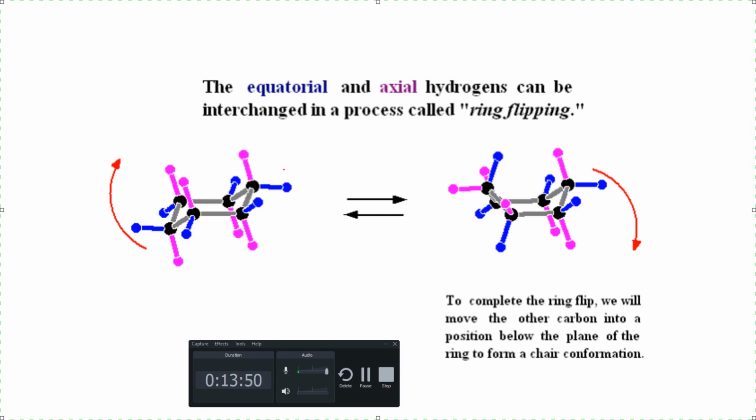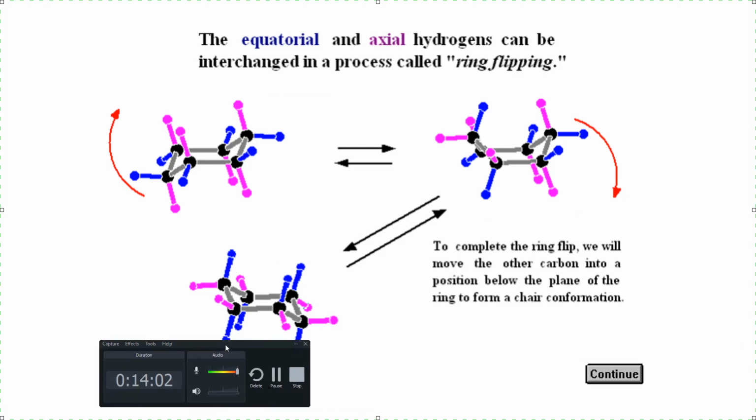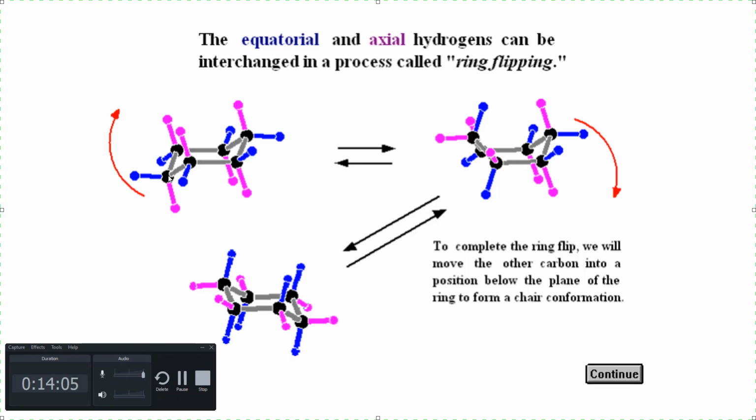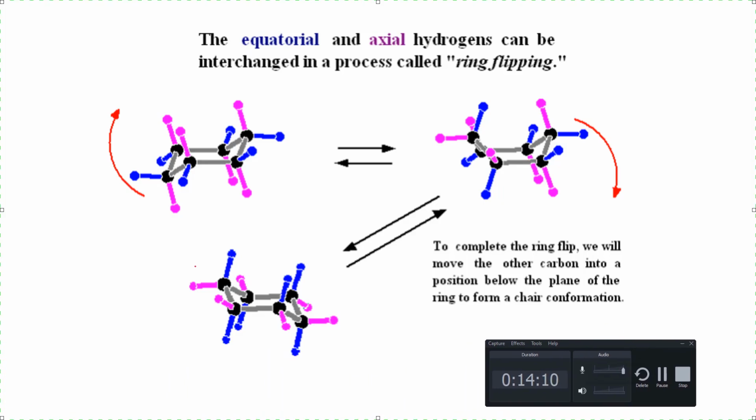To complete the ring flip, I'm going to grab now the other carbon and I'm going to move it down. And so when I move that down, I'm going to complete my ring flip. So this is what my ring flip would look like. I'm going to bring this carbon up into the boat, bring this carbon down, and so these two positions right here, this is what constitutes a ring flip.